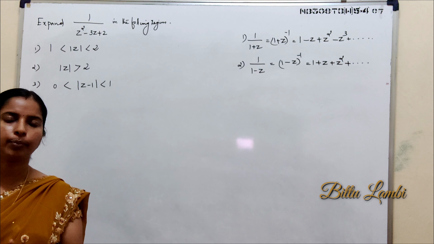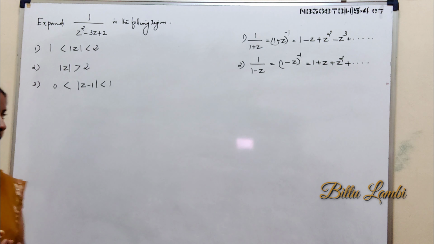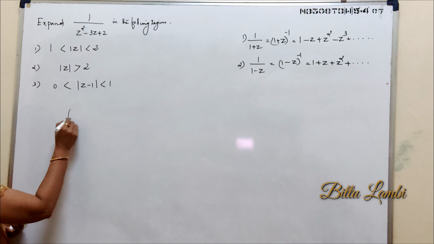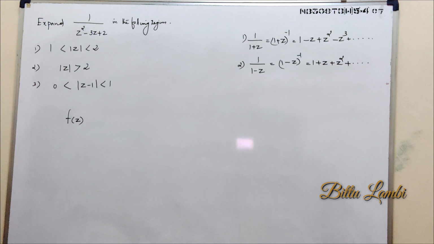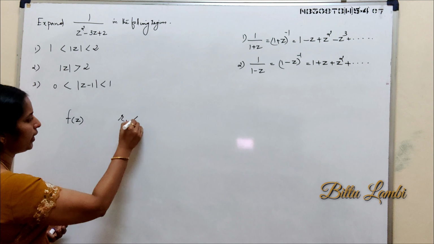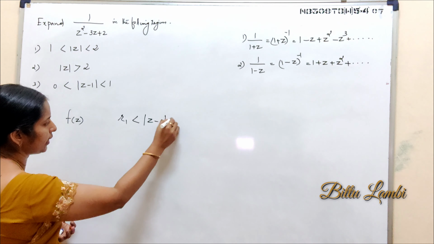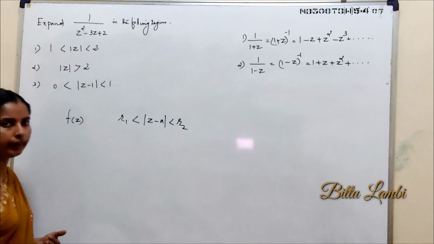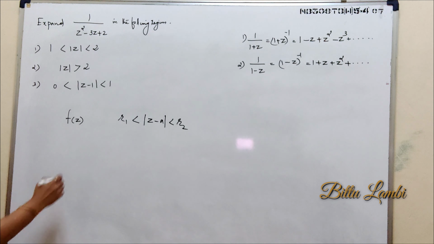In general, suppose we wish to expand a function f of z in the region R1 less than mod z minus a less than R2. Then its Laurent series expansion is in the form of an infinite series containing positive and negative powers of z minus a.